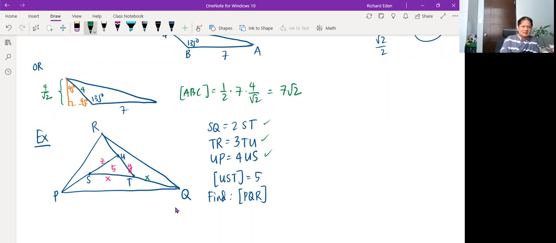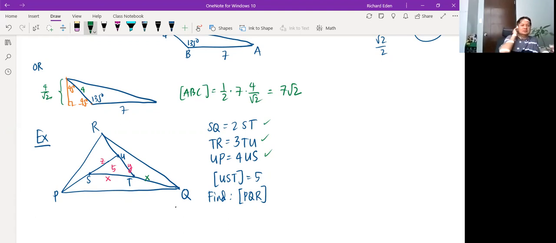Okay, so mahirap po. Hindi pa naka-scale kasi. All right, so it's not scaled, but well, just look at it abstractly. TR is triple TU.